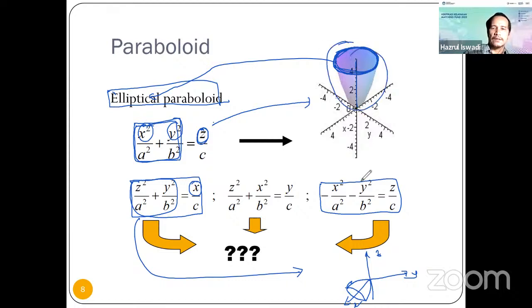So this equation can be drawn using the opposite direction. So the paraboloid will be like this. This is the paraboloid as the drawing of this equation.